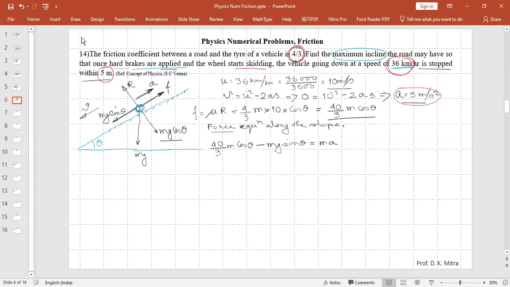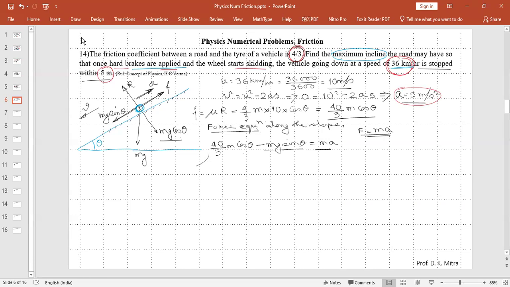When you write the force equation, you first write the force towards the acceleration. Then only your equation F equal to ma will apply properly. The force towards the acceleration minus the force in the opposite direction is equal to ma. That is how to write it.